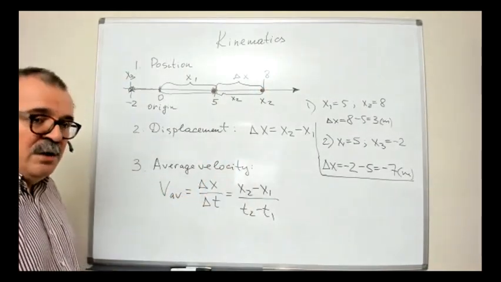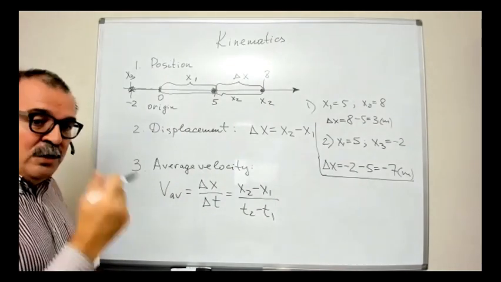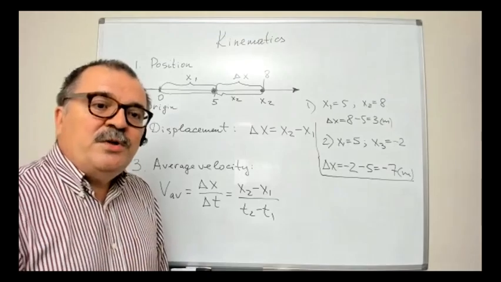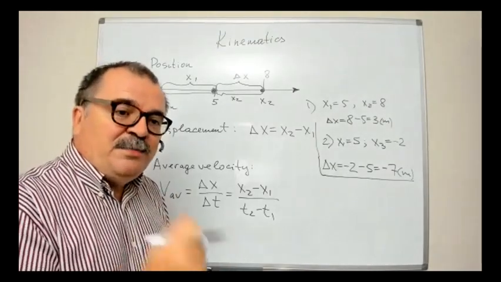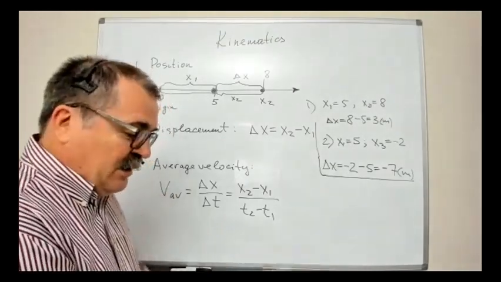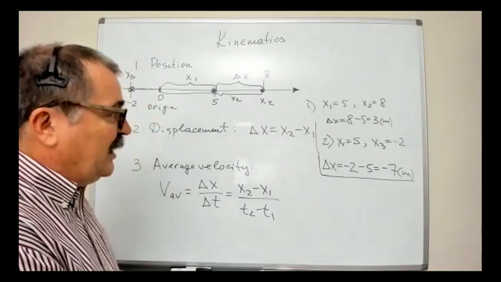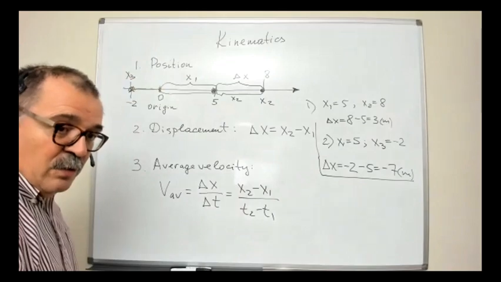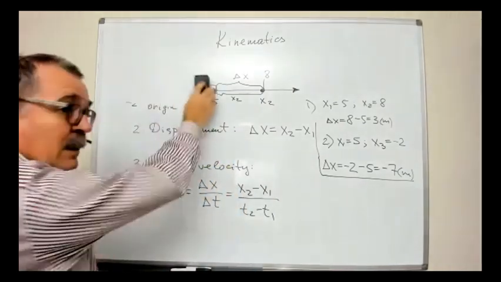That's why it's average. But often we want to know exactly what the velocity of the object is at a particular time, and that property is named instantaneous velocity. So let me remove this part, and we'll go to instantaneous velocity.